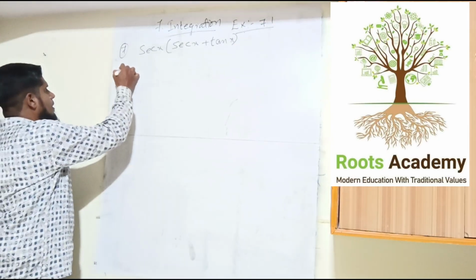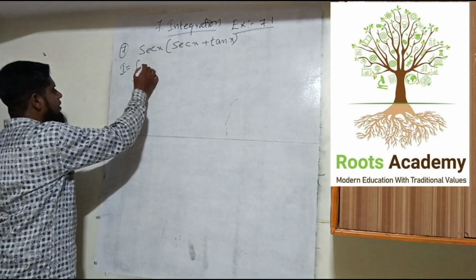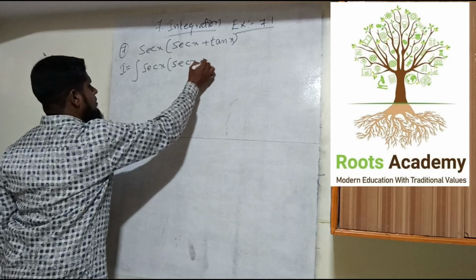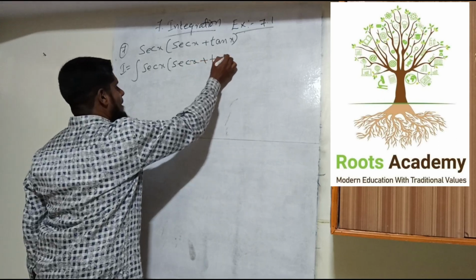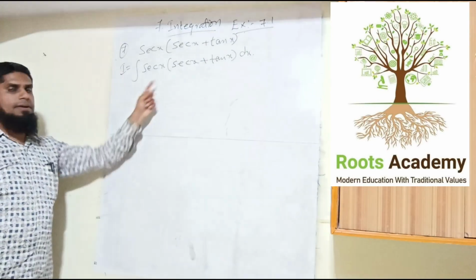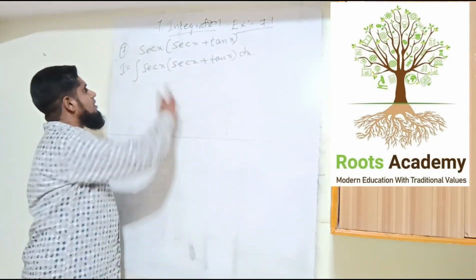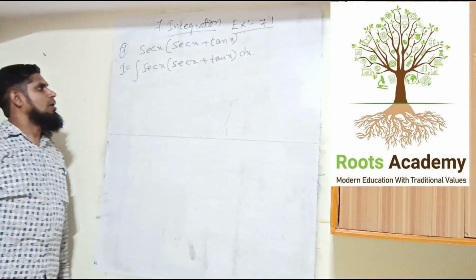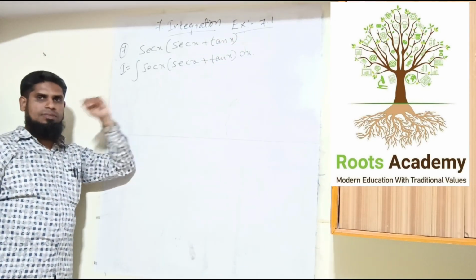So this can be written as I is equal to the integral of secant x into (secant x plus tan x) dx. We can write it here because we are integrating. We just ask to find the integral of this function with respect to x. So that can be written like this.